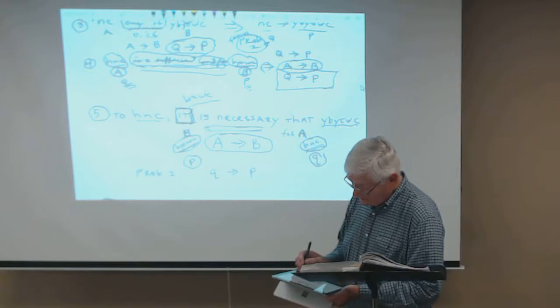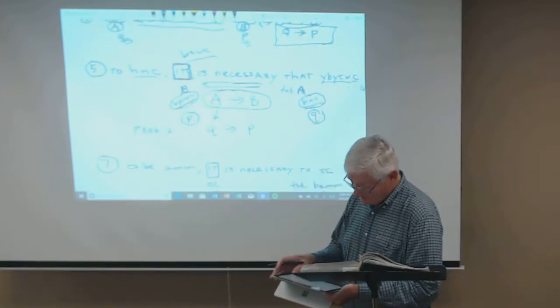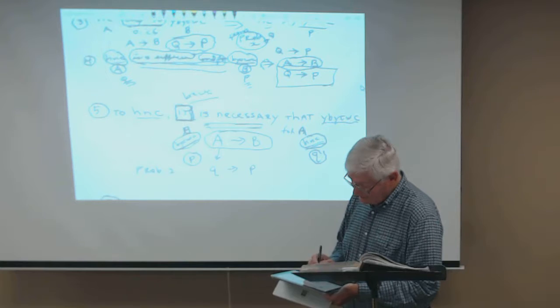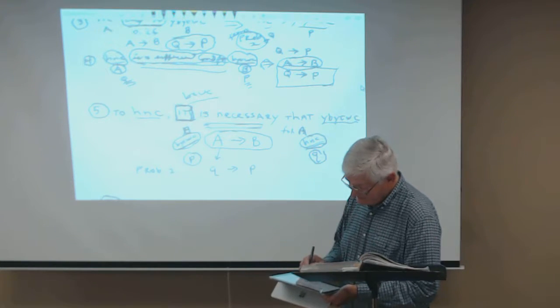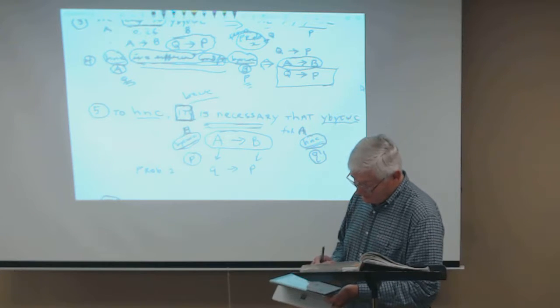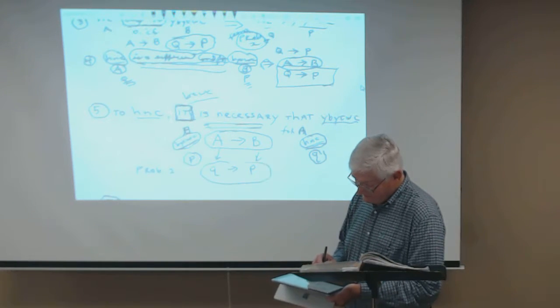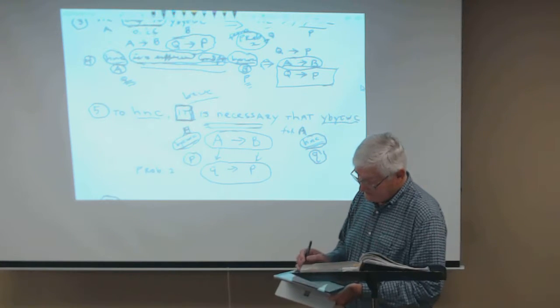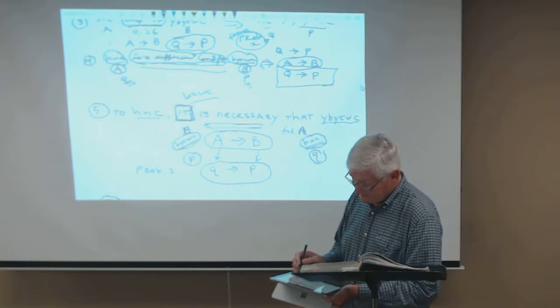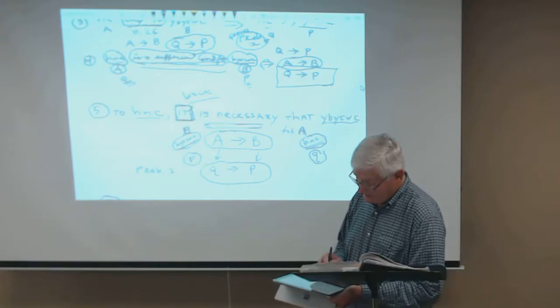A is Q. So A is Q and B is P. So what do we put for our answer? If Q, then P. Which is, if you have no cavities, then you brush your teeth with clean.